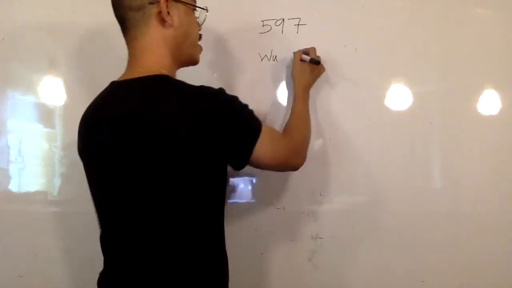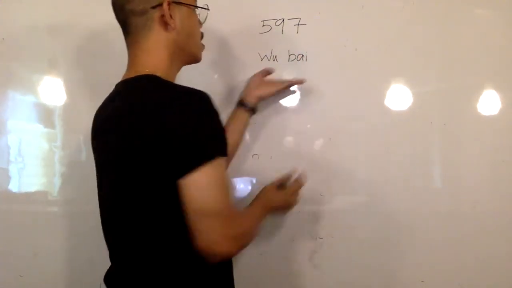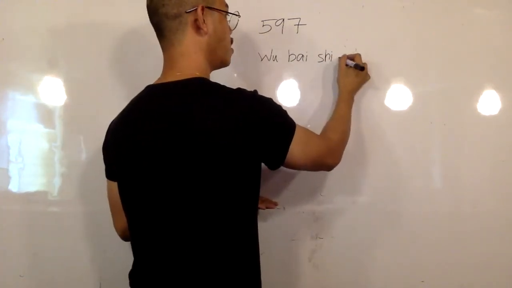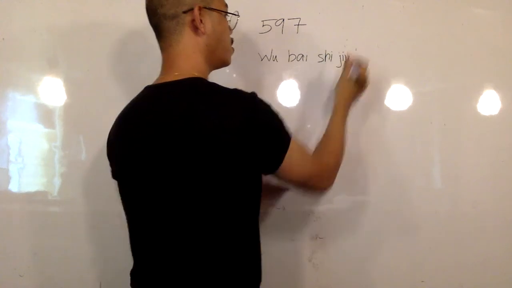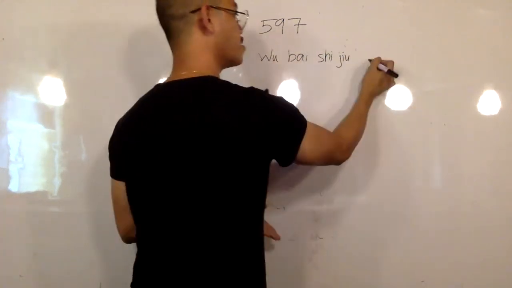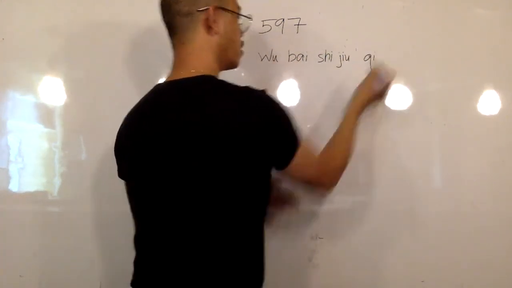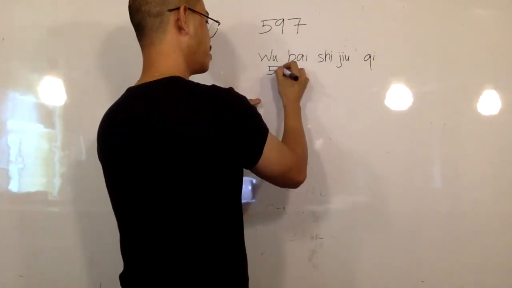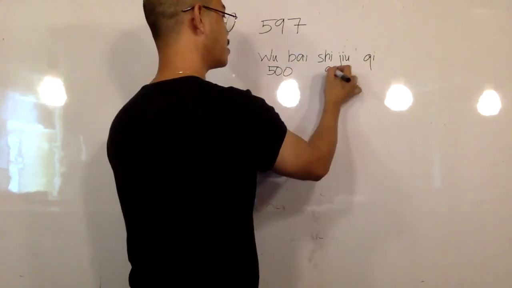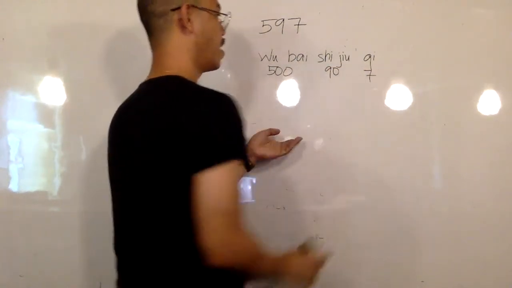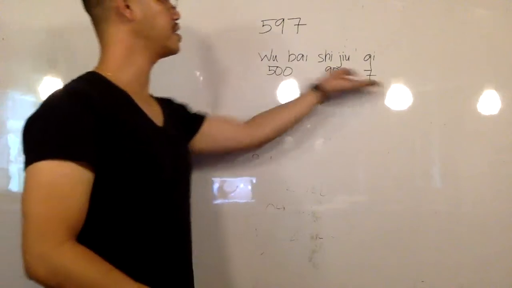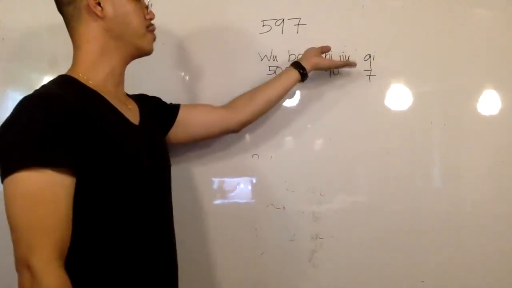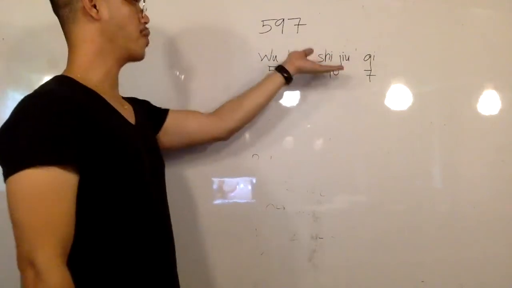Wǔ. 500 is wǔ bǎi. 97 is jiǔ shí qī. 9 is jiǔ, 7 is qī. So when we translate it, it literally means 597. Can you read it?